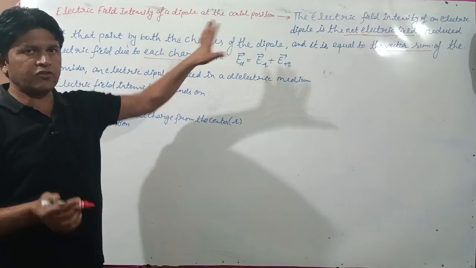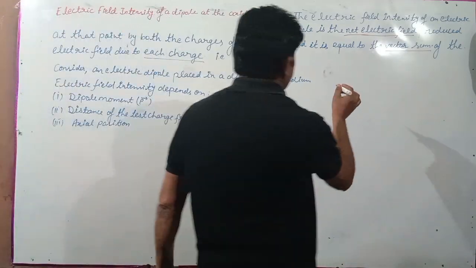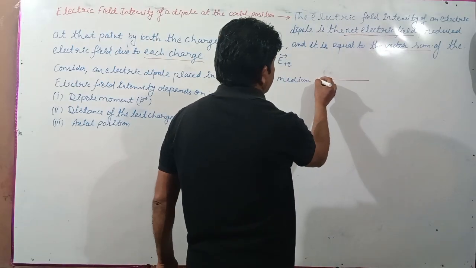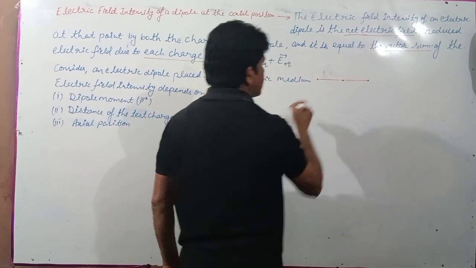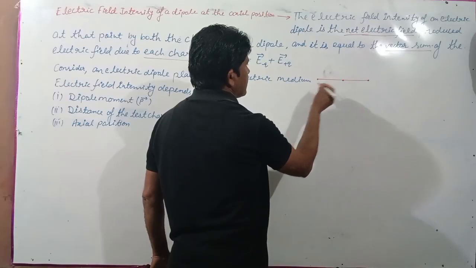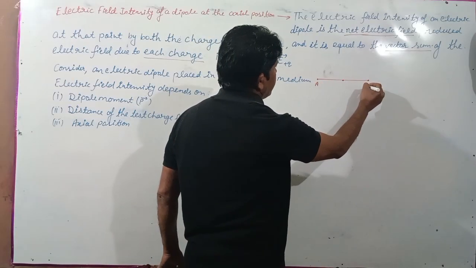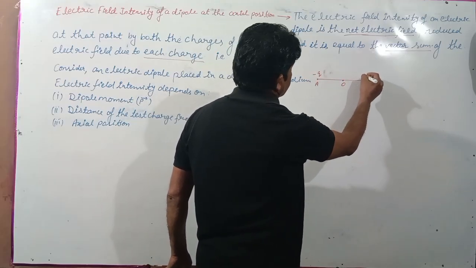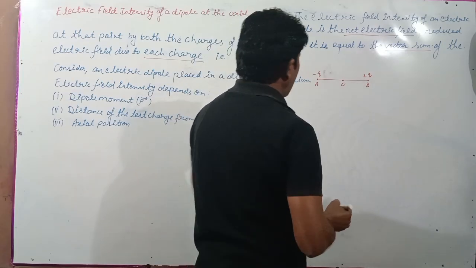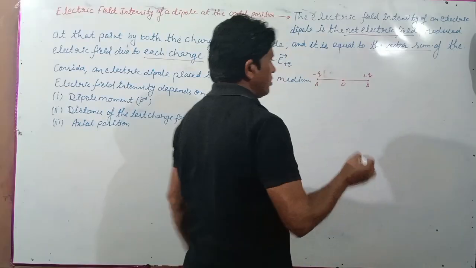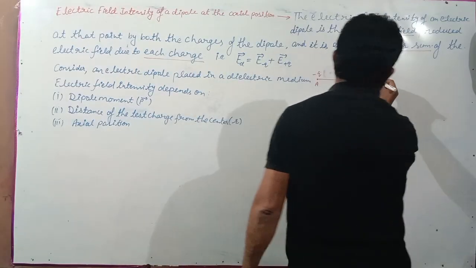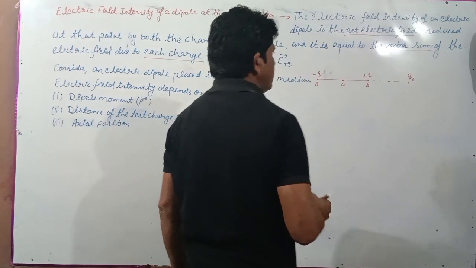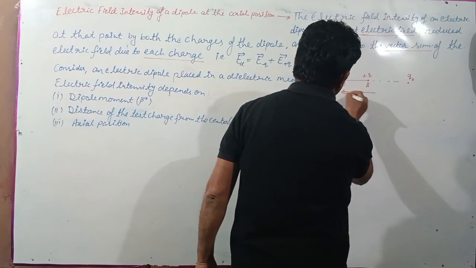On the basis of this definition, we draw a figure. First of all, we draw a dipole like this, and we take 2 points on this line, and name them A, B and O. Here we place minus Q charge, and here we place plus Q charge, and along this line, on either side, we take another test charge, that is Q naught, and the distance of this Q naught from the center is small r.